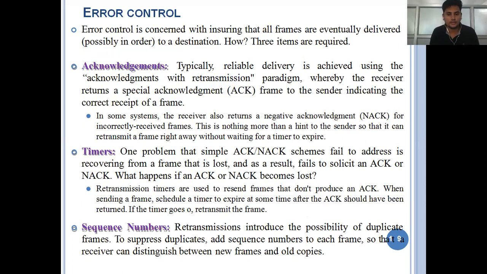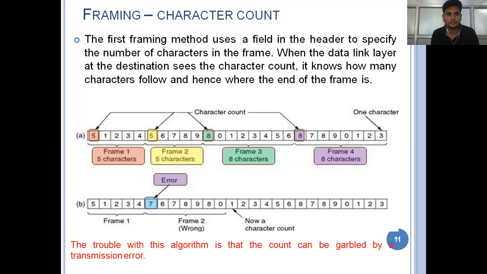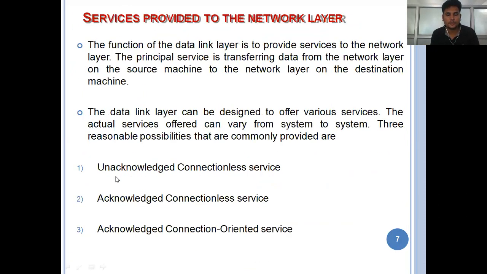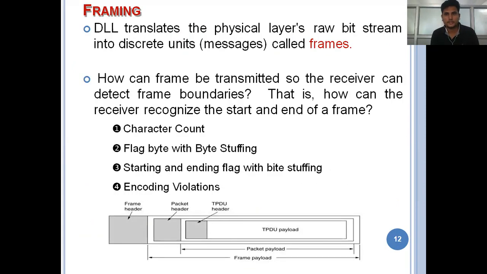The data link layer provides many services to the network layer, but the three commonly provided services are unacknowledged connectionless service, acknowledged connectionless service, and acknowledged connection-oriented service. That is the first design issue.